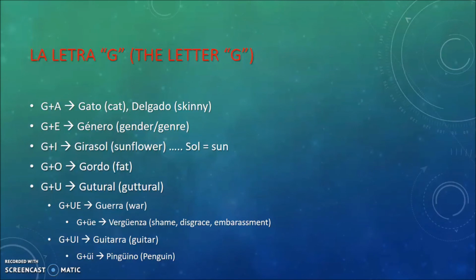However, when that U has the 2 little dots over it, it's pronounced more with a gue, vergüenza. And then we have, when it's followed by UI, guitarra, the same. And then when the U has the 2 little dots on it, we give it the gui sound. Pingüino. Hay un pingüino. Alright, that was an Italian accent.